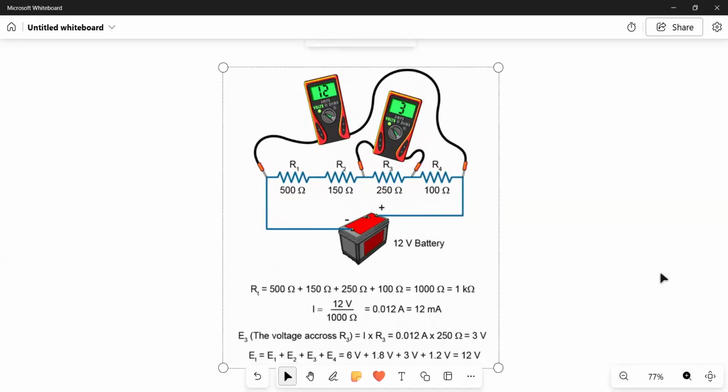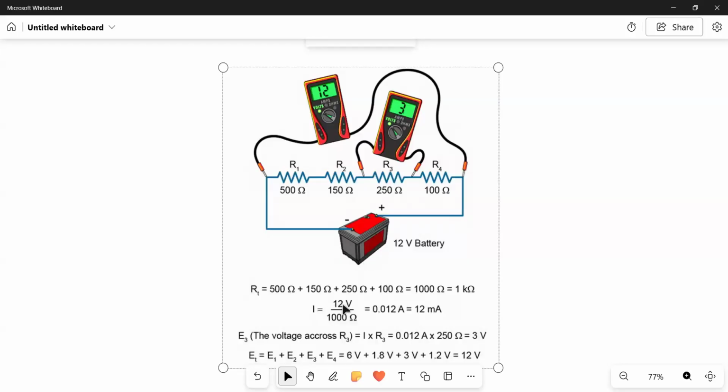So look at this circuit here. You have a 12-volt battery and it drives a current through these resistors. If you want to know the current in this circuit, first you have to get the total resistance, add all of them up together, and you use I equals V over R. In this case, it's not V, it's E over R, the electromotive force, which is 12 volts.